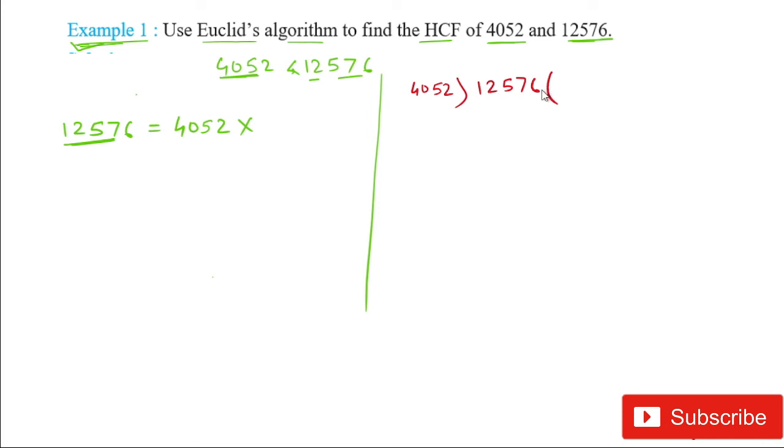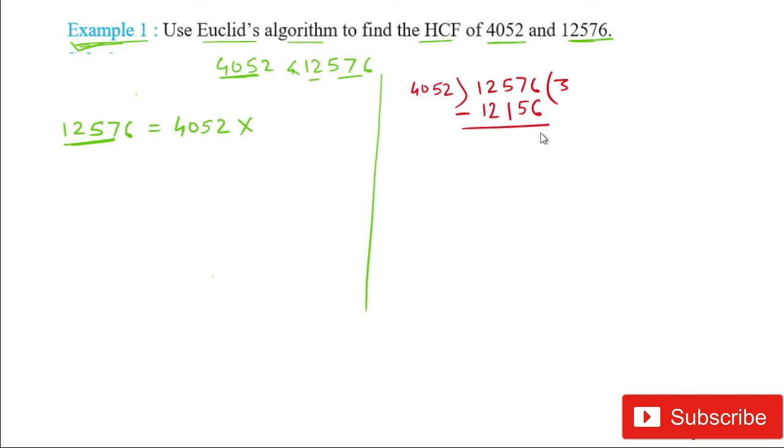It goes 3 times. 2 3s are 6, 5 3s are 15, remaining 1, 0 3 0 and 1, and 4 3s are 12. So now we'll subtract the values.